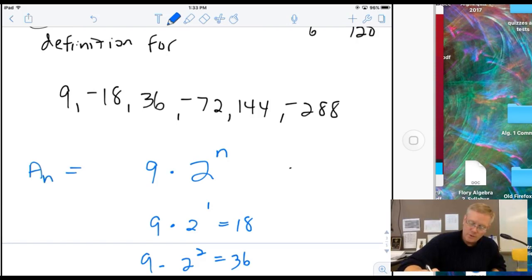So there's the third number. So I'm off by a number. And there's a nice trick for that. If I subtract 1 there in that exponent, now if I plug in 1, I get n minus 1, this will be 0, which anything to the 0 power is 1, which means I'll get 9 when I plug in the first one. So now it'll move me back 1 in the sequence.